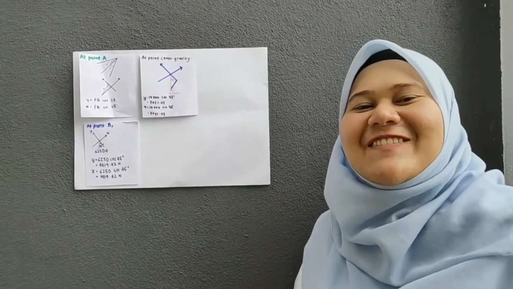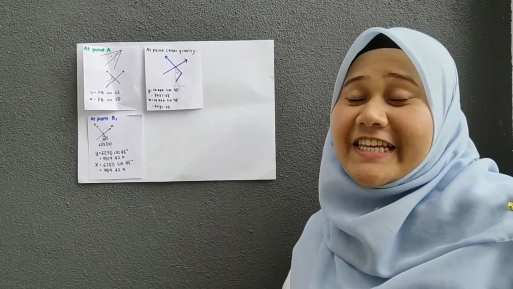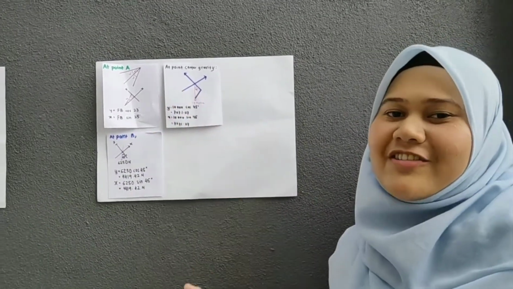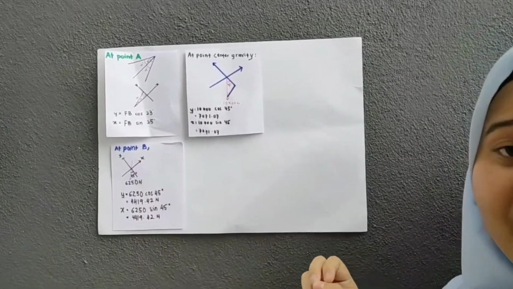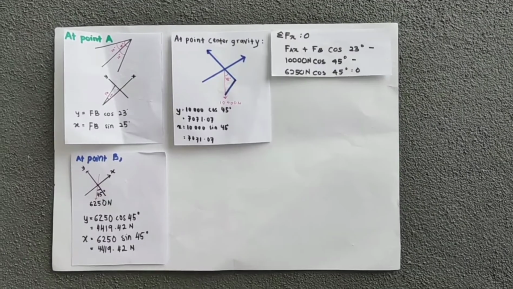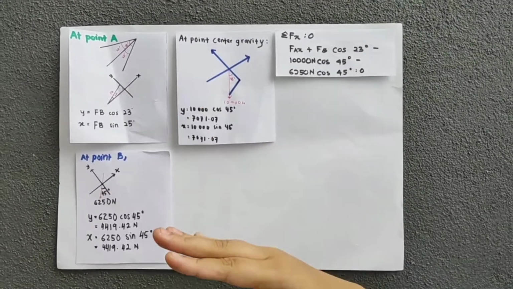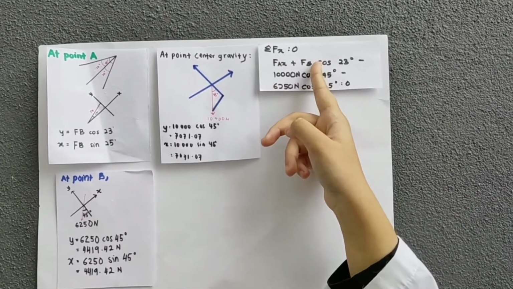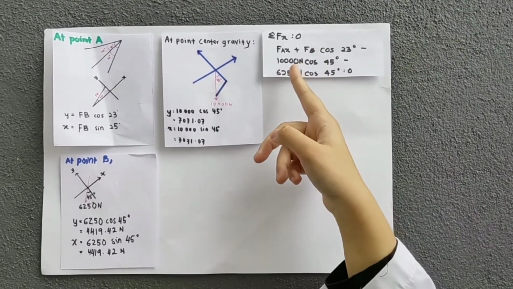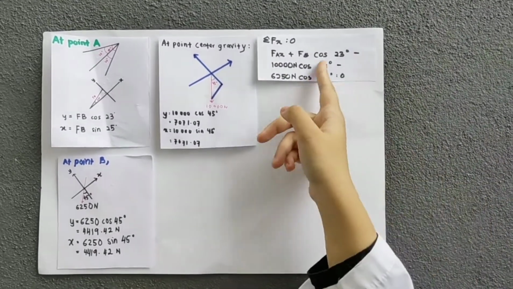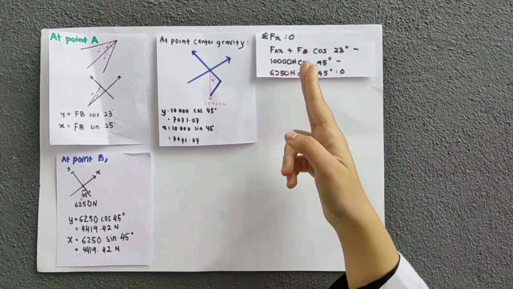You have spent your time with 3 beautiful ladies who explained the FBD. Now from this FBD, we are extracting all the information to make an equilibrium equation. First, we state that summation of Fx is equal to 0, and we include all the information from the x-axis into this formula.